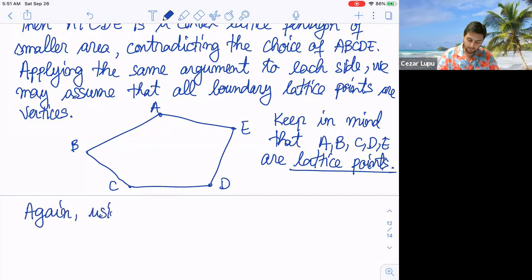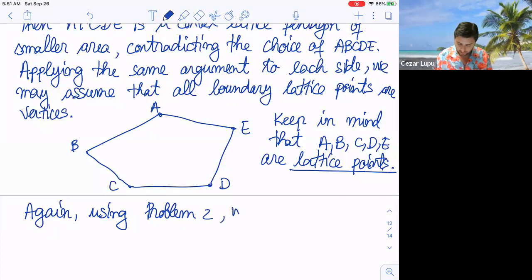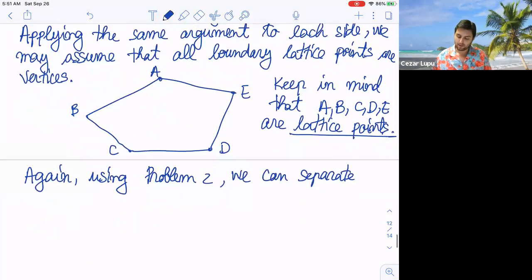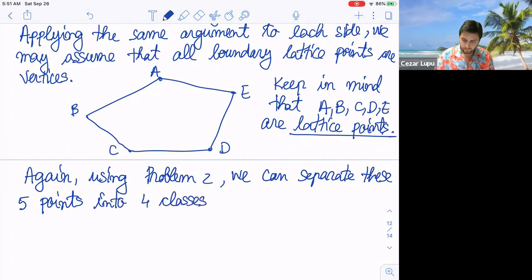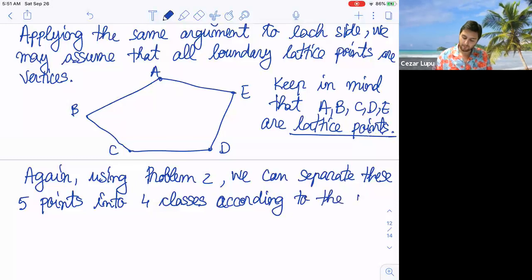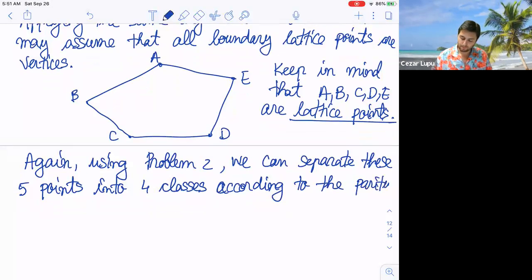So again, using problem 2, we can separate these 5 points into 4 classes according to the parity of their coordinates.